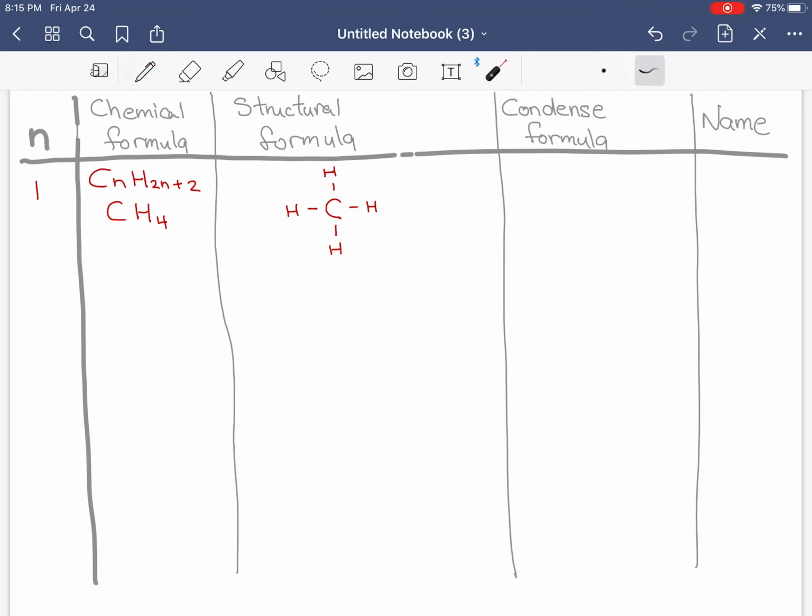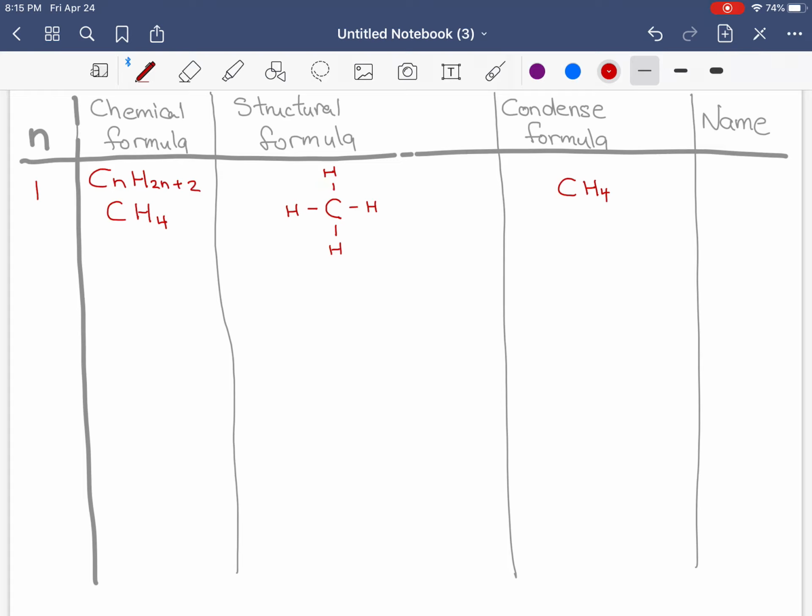What's important is showing me that carbon can make 4 bonds, and each bond is covalently bonded to a hydrogen. Now, condensed formula is going to be CH4. Now you may be asking, hey, isn't this just the chemical formula? Yeah, it is for now. Hopefully when I do n equals 2, you'll see a little bit of a difference. We'll hold that thought.